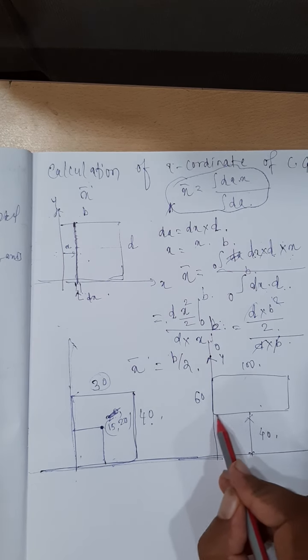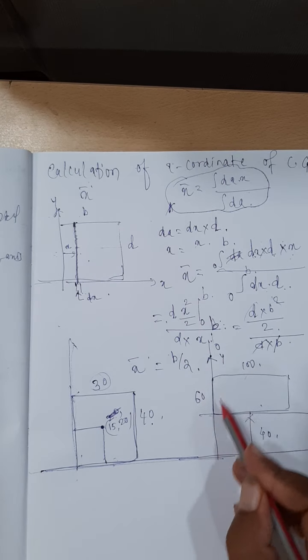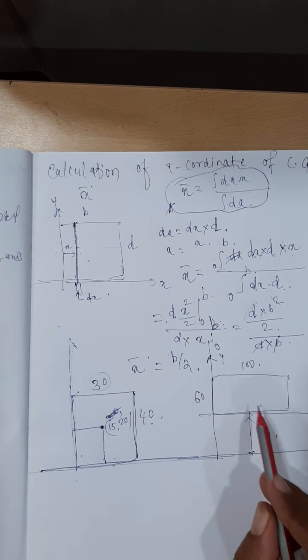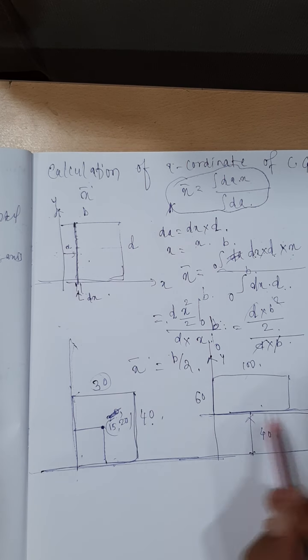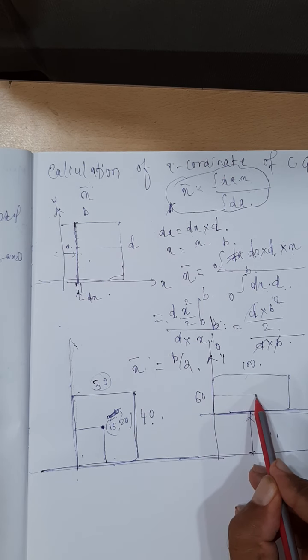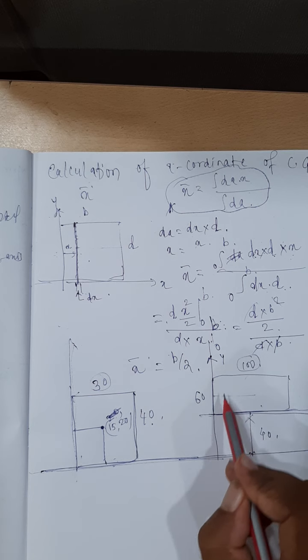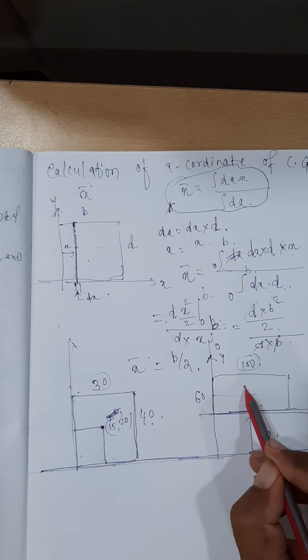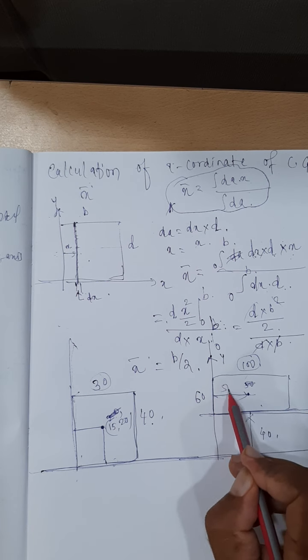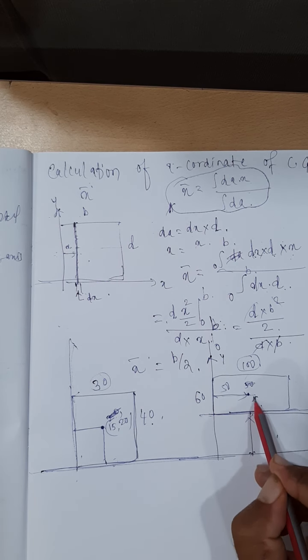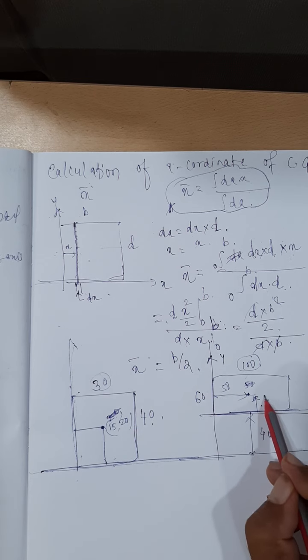First you look at the center of the figure from the derivations you have done right now. You know the centroid of this figure from this line is this dimension divided by 2, that is 50. It is located from here at a distance of 30.